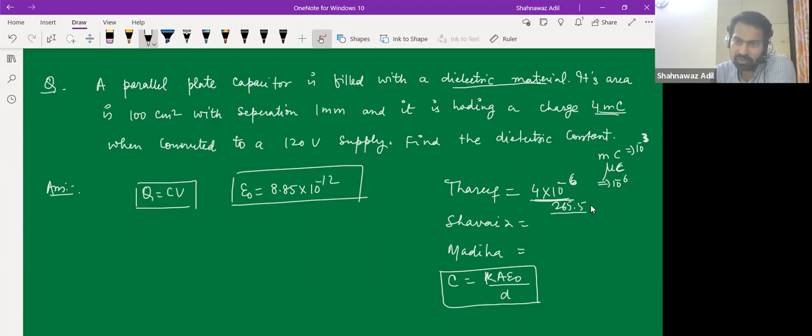Okay, so 10 to the power -6. Okay, so this is what you got.